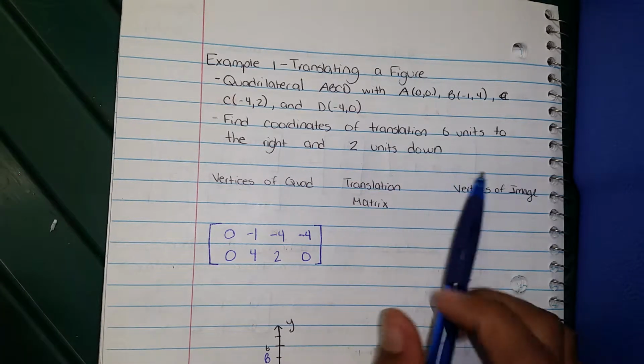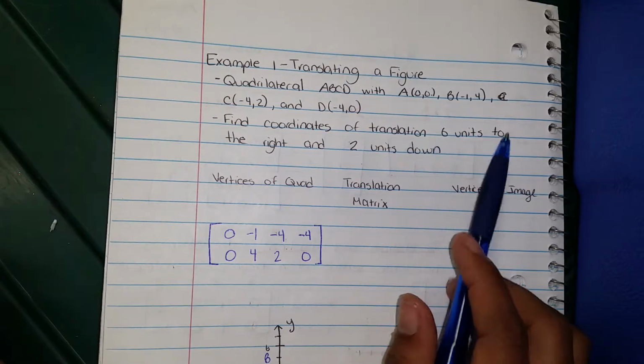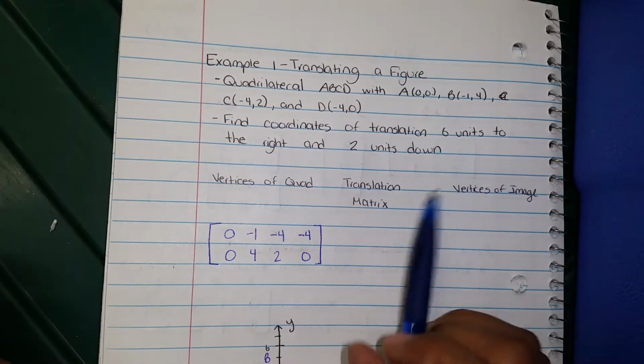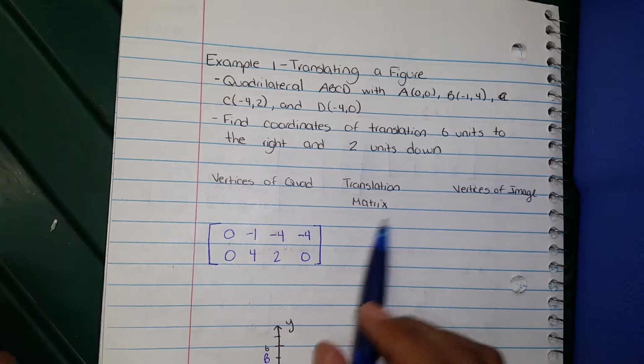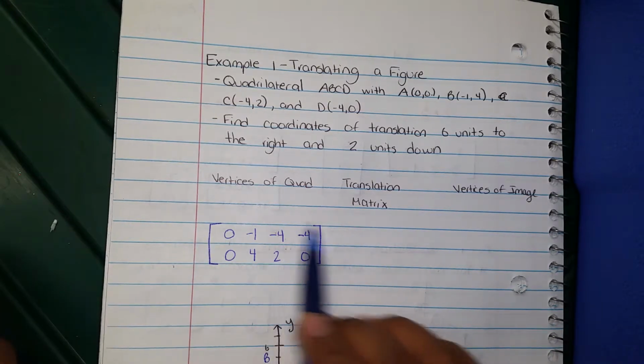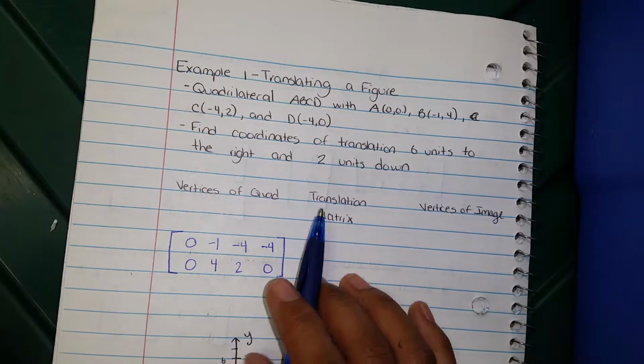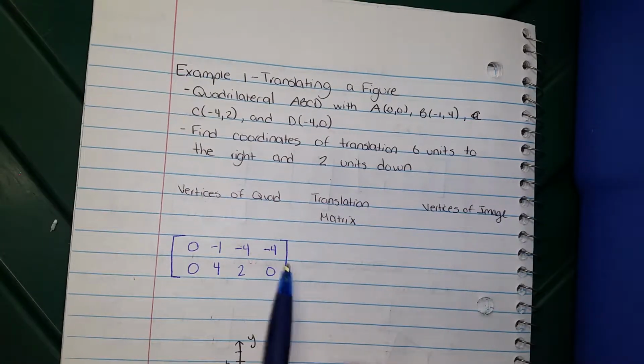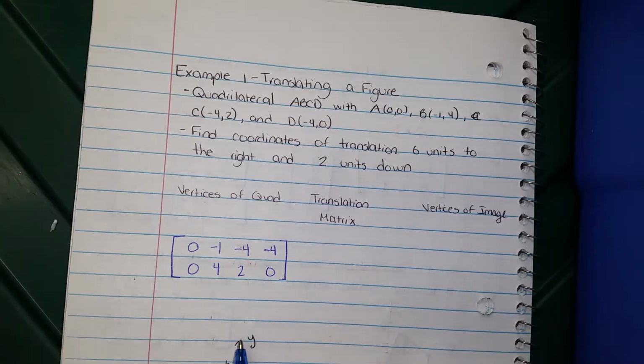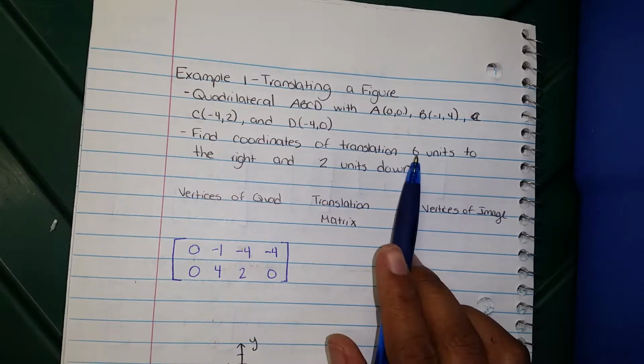How so? Well, a translation to the right or left is determined by the x coordinates. The x is what determines my left and my right translation. My up or down is determined by my y coordinate. Try to visualize this.